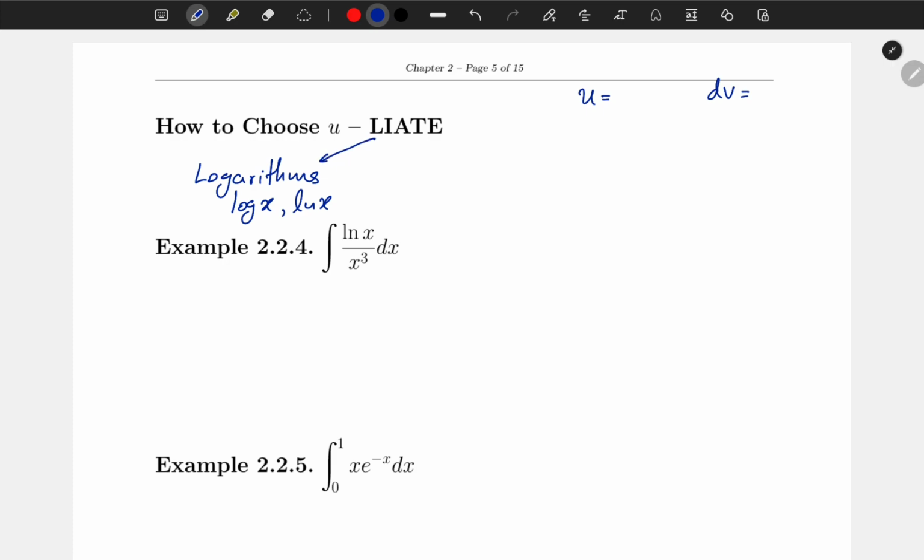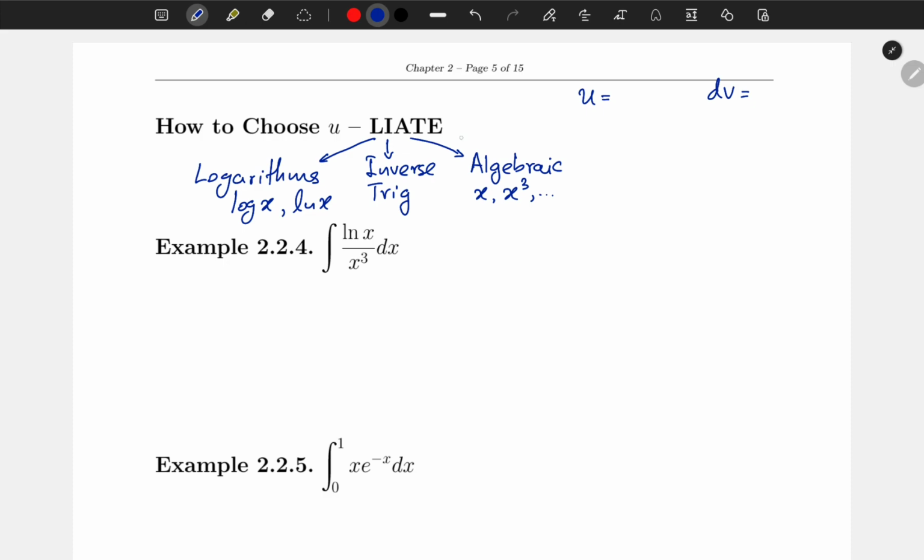I stands for inverse trigonometric functions. A stands for algebraic functions. Examples of algebraic functions are polynomials, x cubed, things like that.